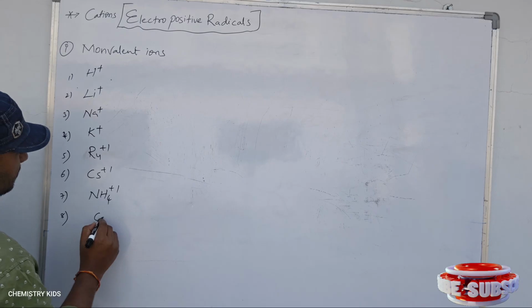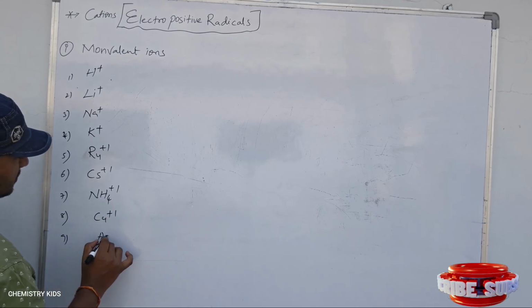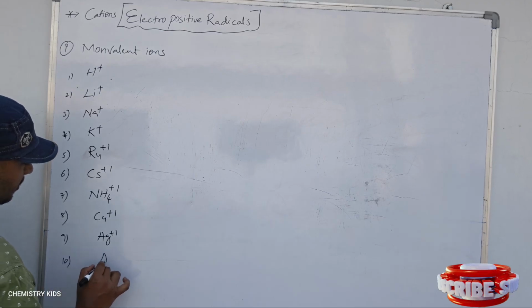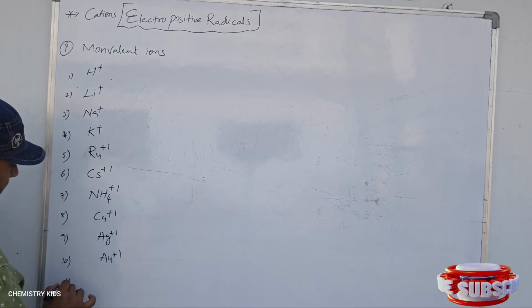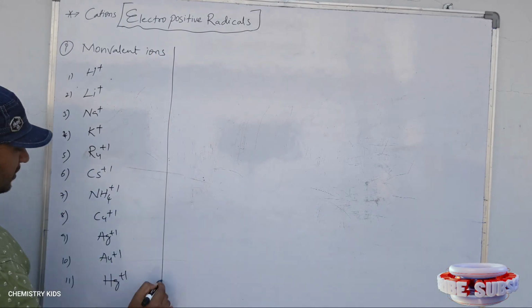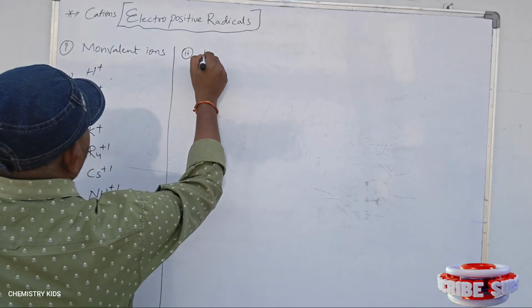The eighth is cuprous, and silver. Next, aurous and mercurous, Hg plus 1. These are monovalent ions.